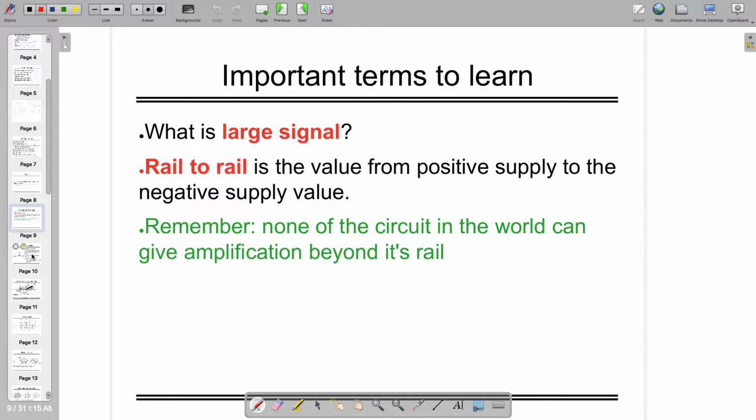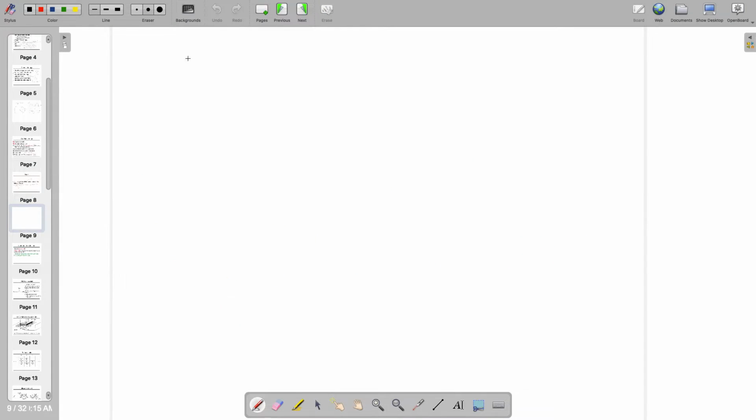Okay, so let's start with the course. Important terms are large signal and small signal. As I told you, we have to understand what is large signal and small signal. We talked about this, right? Let's check whether you know or not.